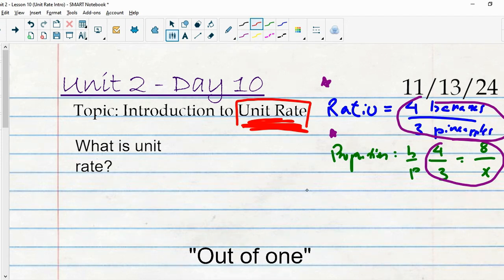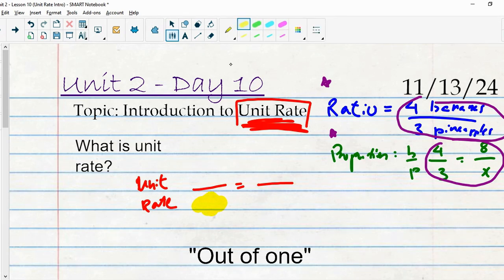So I guess I'll use red. All right, are you ready? A unit rate is this. A unit rate is a proportion, first of all, so you're going to have two fractions like this. A unit rate, therefore, is a proportion where one of the numbers in the denominator, let me use a highlighter, is a 1.